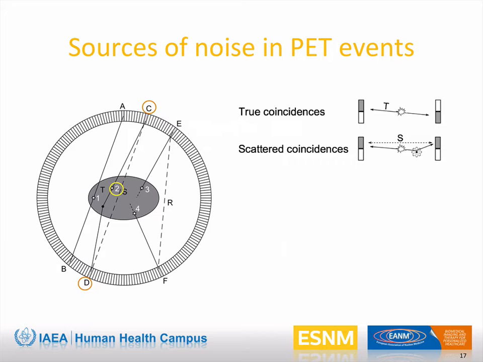The line of response generated in this way, recorded by detectors C and D in this case, does not pass through the annihilation point. Such type of event is called scattered, or S count.